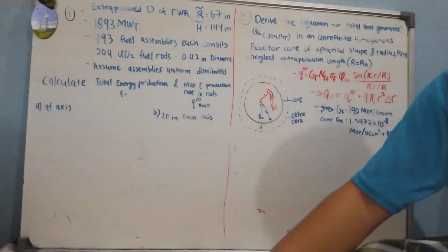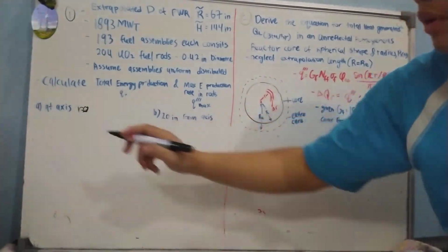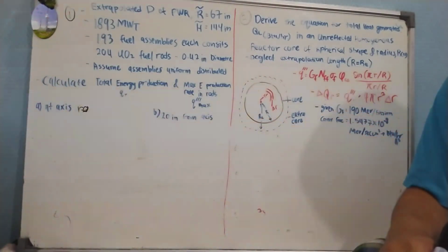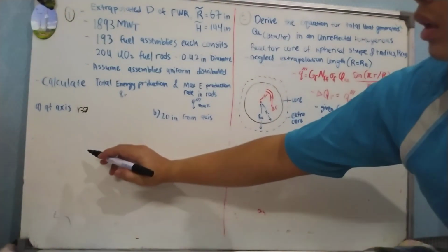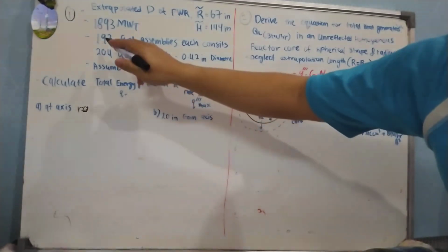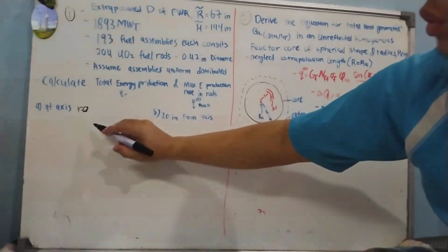The first part is at the axis, meaning R is 0, and the second part is 20 inch away from the axis. So the first part is we extract the information. Here it is given that a 193 fuel assembly consists of 204 uranium oxide fuel rods.